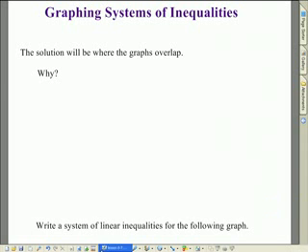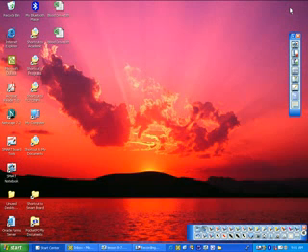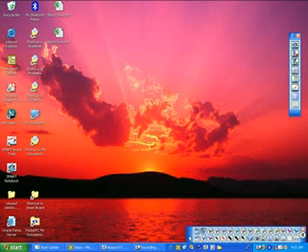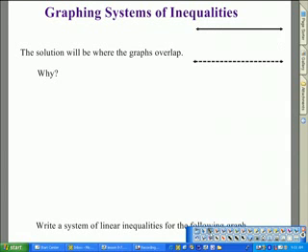Our most basic difference, there are two major ones. First of all, we have two kinds of lines we can use when we graph an inequality, a solid or a dashed line. The solid line is for what kind of inequalities?